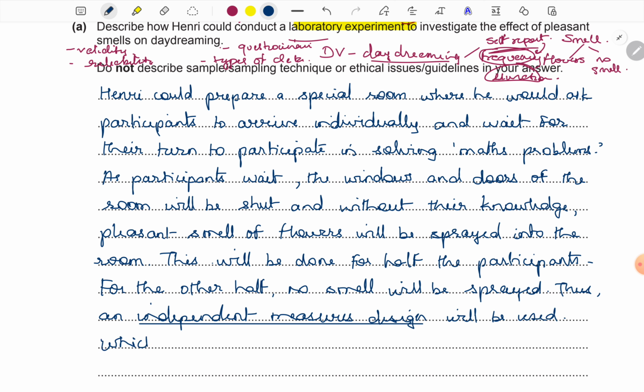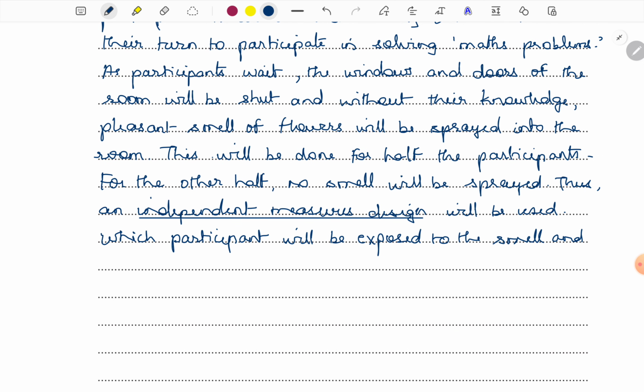Which participant will be exposed to the smell and which will not will be determined through random assignment.